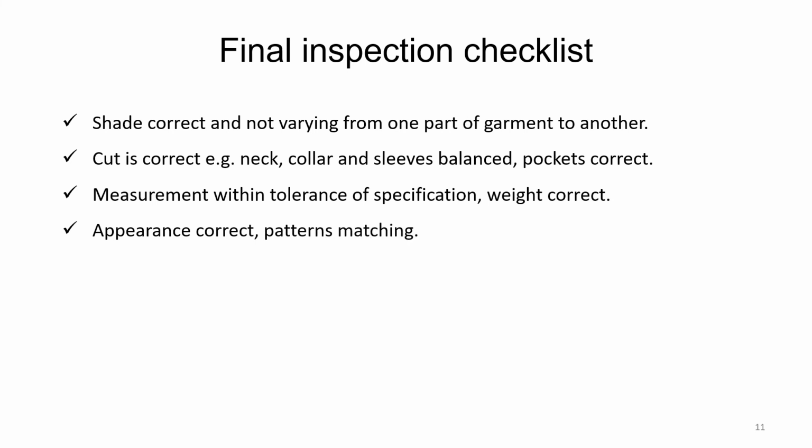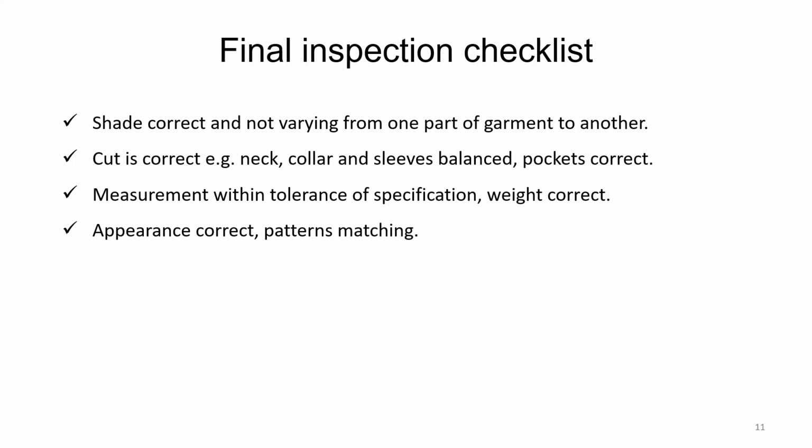The appearance should be correct. So when we say appearance, if the measurement is correct, it does not mean that the appearance will also be correct. So the garments have to be put onto a live person or onto a dress form, and then it has to be evaluated whether the garment is appearing correct or not, whether it is looking pleasant, whether it is looking balanced or not, and whether the patterns are matching or not.